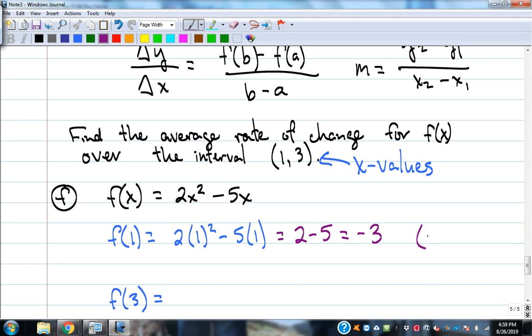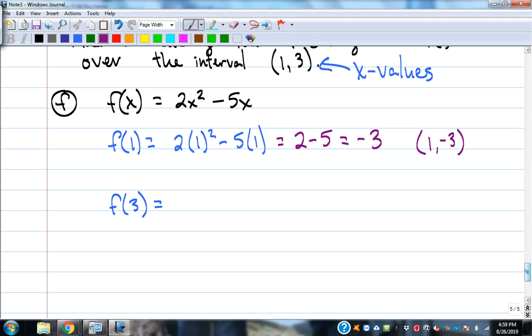So we get this ordered pair 1, negative 3. Then we're going to do the same thing, but plug a 3 in. So 2 times 3 squared minus 5 times 3. I'll work that one out. It's going to be 2 times 9, which is 18, minus 15. That's positive 3. So we get this ordered pair 3, 3.